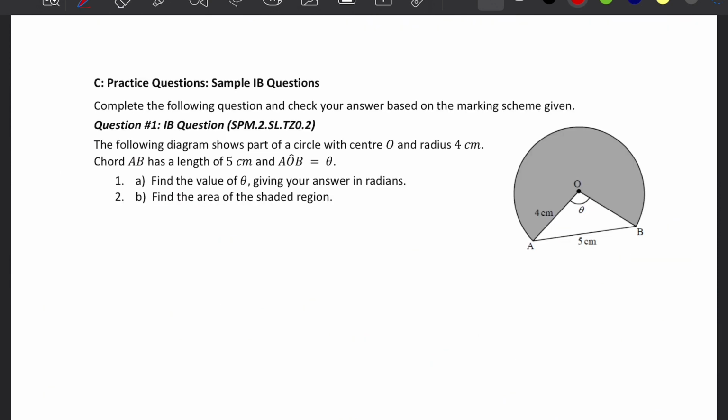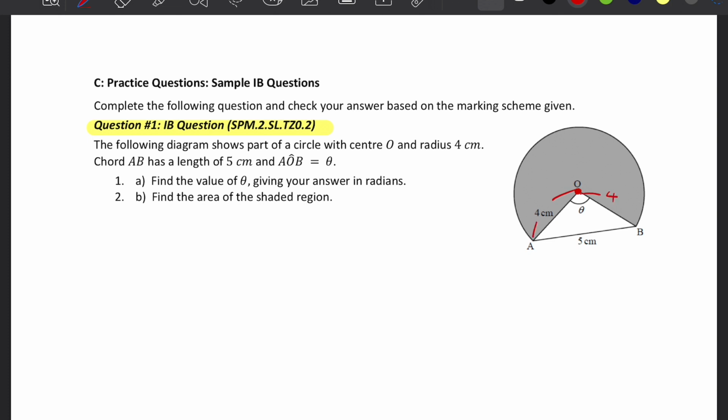Okay, so let's do some IB questions. The first question is the IB question from the specimen paper. We have a diagram here showing part of a circle with the center O and radius 4.